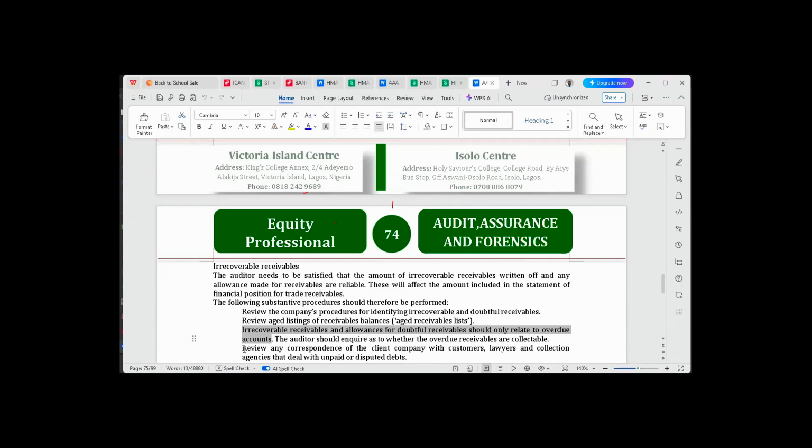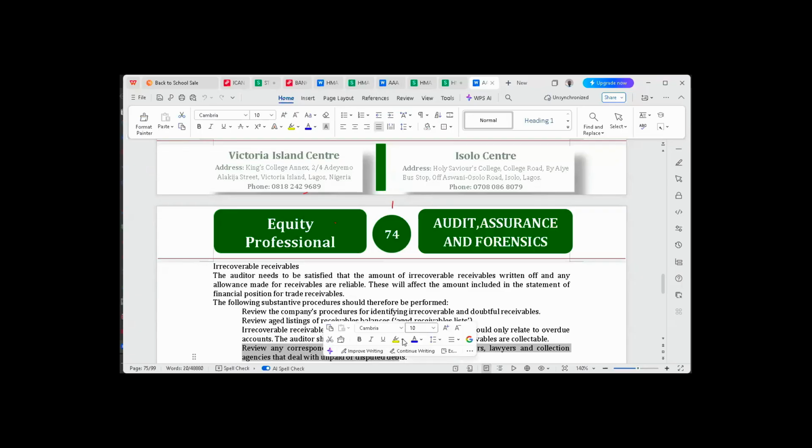Then the auditor should also review any correspondence between the client company and customers. For instance, there could be instances where some customers have written to the company disputing the figures, saying, I don't owe up to that.